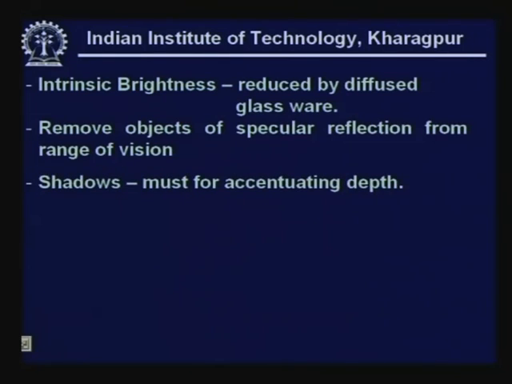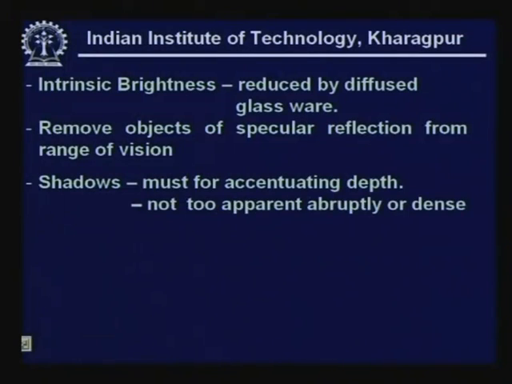One other issue which is very important is that when we are observing objects, we are observing objects in 3 dimensions. We need to have an idea of the depth, and one of the important ways to perceive depth or accentuate depth is through shadows.